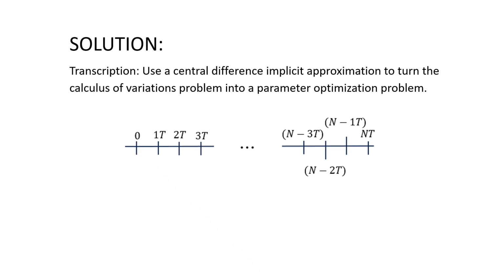In a parameter optimization problem formulated through transcription, you're solving for parameters at discrete times. So we would solve for the state and the control input at t is equal to 0, t is equal to big T, 2T, 3T, all the way out to nT.